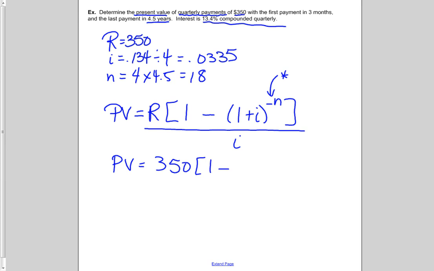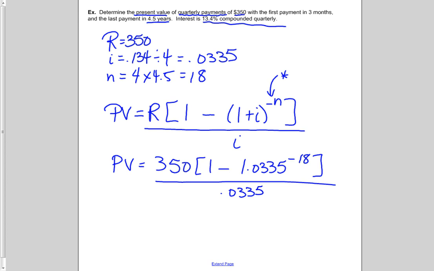One takeaway. My rate is 0.0335. Decimal 0.0335. All in one step in your calculator, just be careful. You should get $4,674.32.